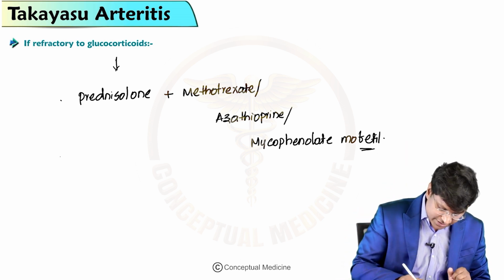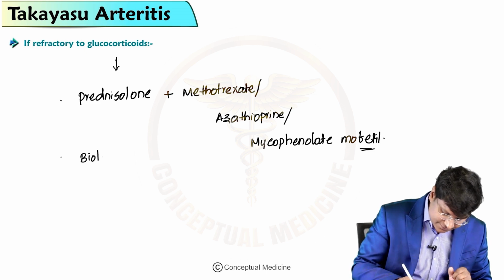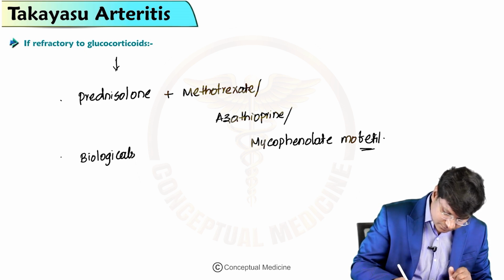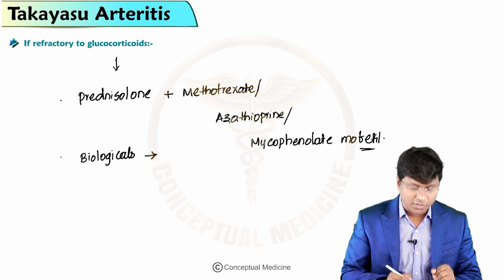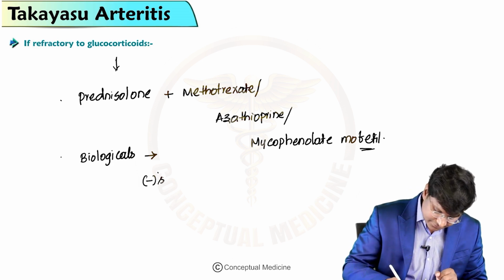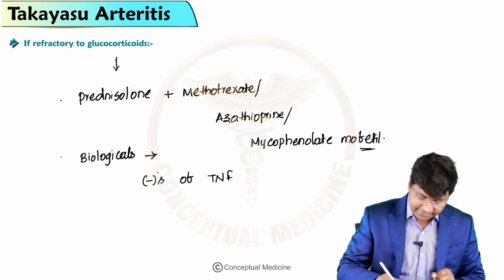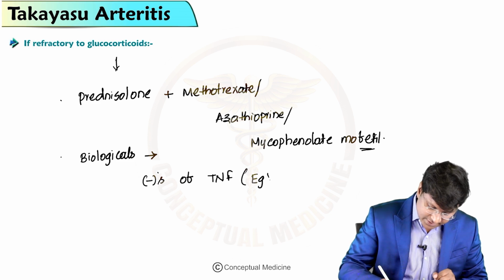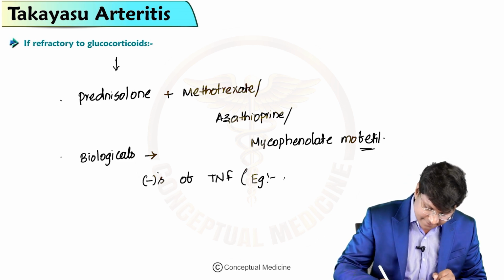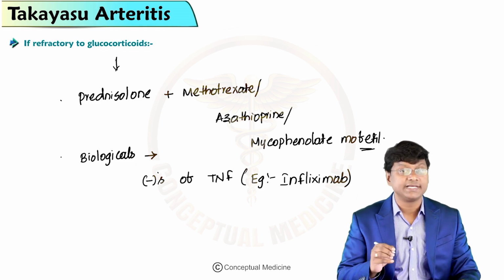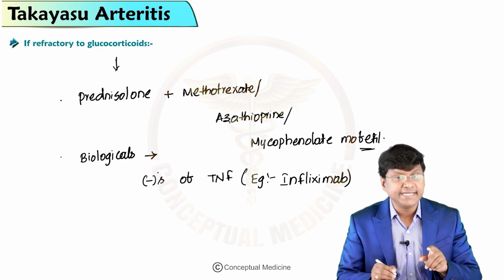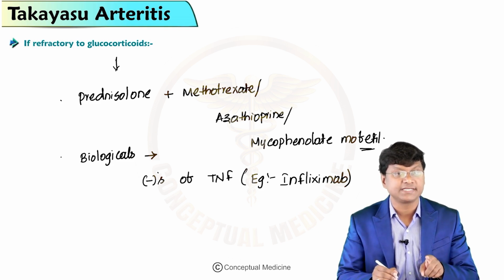Now, apart from these immunosuppressants, even the biologicals. So if you take the biologicals, that includes the inhibitors of the TNF, right? Inhibitors of the TNF, examples, what we have is infliximab, or the interleukin 6 receptor inhibitors.